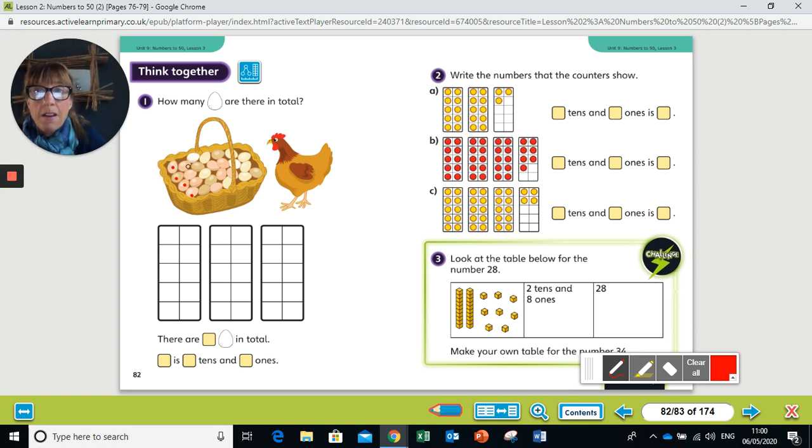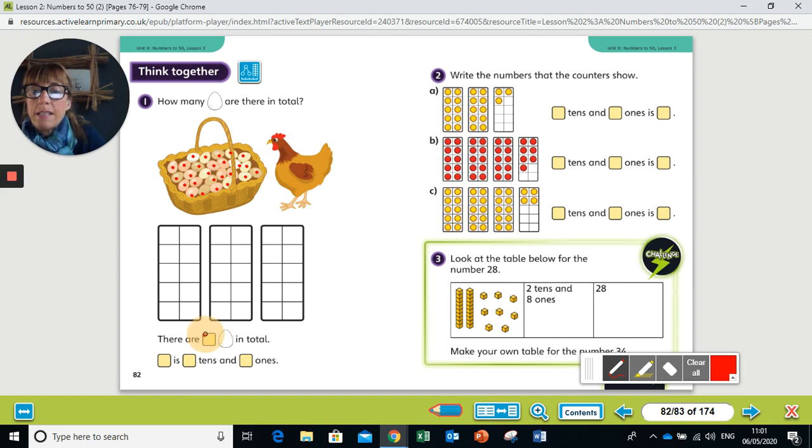You still counting? 5, 6, 7, 8, 9, 10, 11, 12, 13, 14, 15, 16, 17, 18, 19, 20, 21, 22, 23, 24, 25, 26. So well, here's our number sentence.